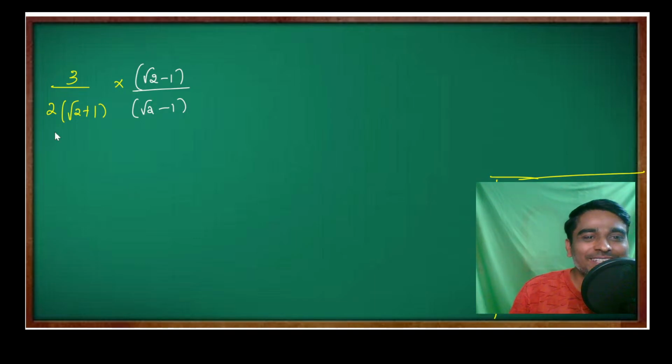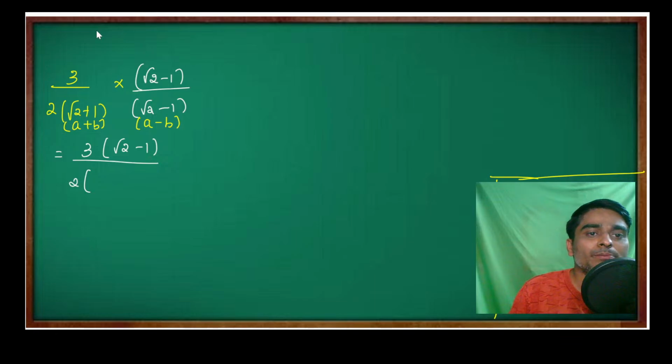Okay, don't worry. So let's multiply the numerator 3 into root 2 minus 1 divided by here 2 into. Just look at these things I was telling you. This is a plus b, and this looks like a minus b. What is a plus b into a minus b?